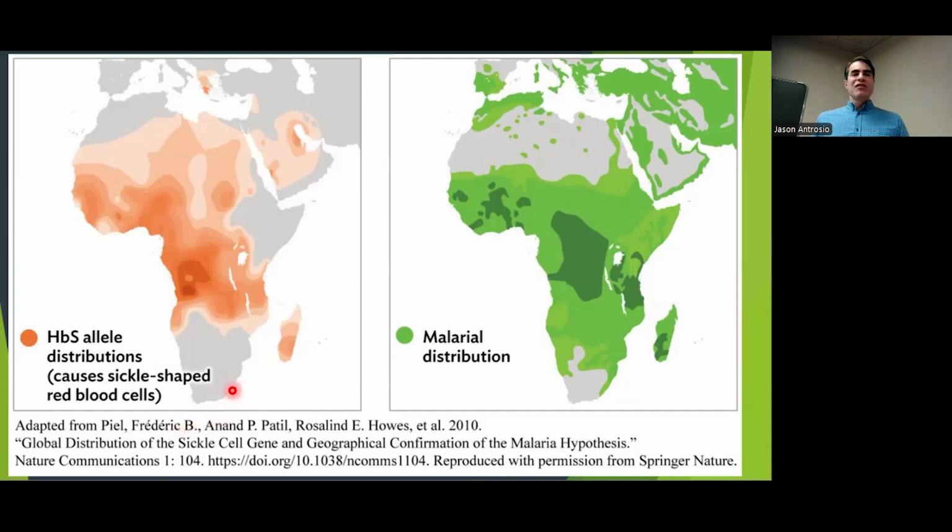Now, people in other parts of Africa who also have dark skin do not have sickle cell trait. And people in areas like Greece and Turkey and Cyprus and even parts of Saudi Arabia who have light skin sometimes have sickle cell trait. But because we don't have high percentages of those people in the United States, we often don't think about that.